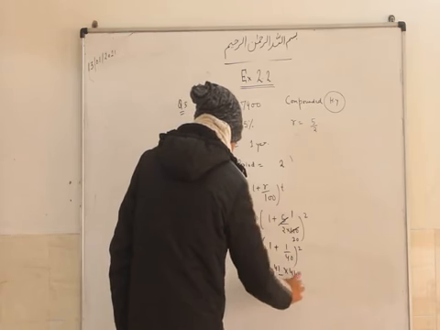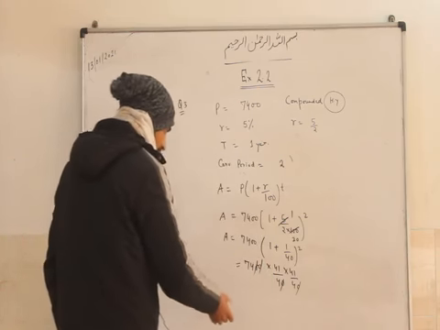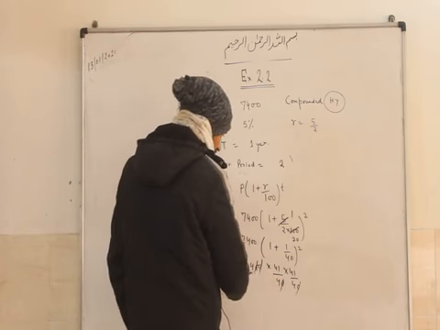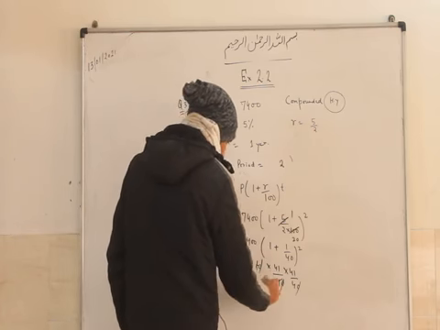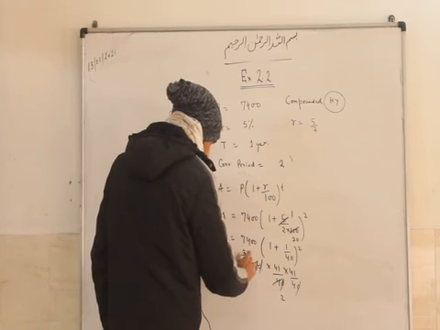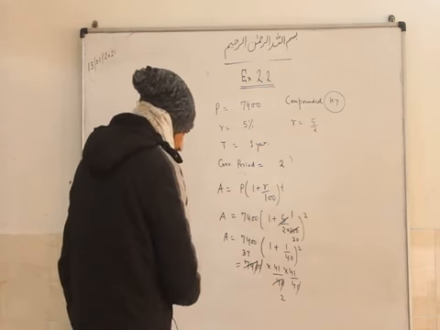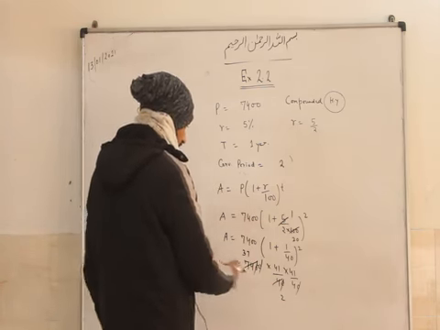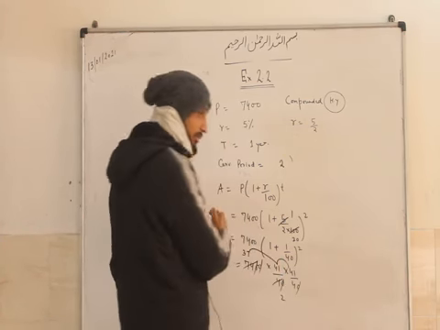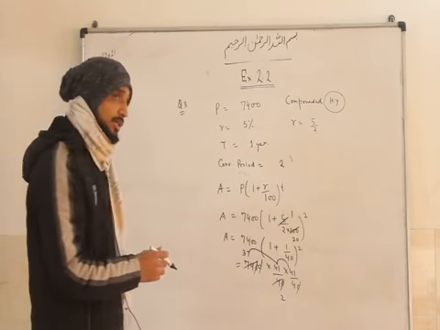Okay, so this 20 will cancel out, and now we will solve this. So directly first we can multiply all this and directly divide it by 8.